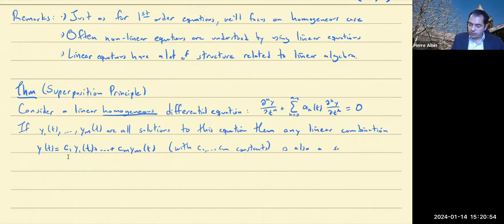Is also a solution. Right? So this is called the superposition principle, because what it says is that if you have solutions to this equation, you can superimpose them, that is, take a linear combination, and you still have a solution to this equation, right? It's really important this is homogeneous. This is not true if the equation is not homogeneous.